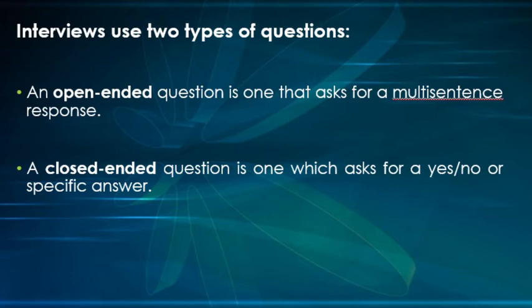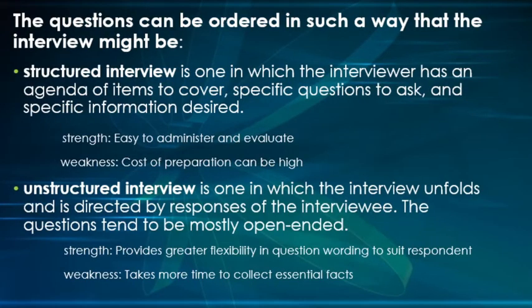Next one. The questions can be ordered in such a way that the interview might be. So there are two types of interview. First one is structured interview. It is one in which the interviewer has an agenda of items to cover, specific questions to ask, and specific information desired. So, ang structured interview makes use of a standardized sequence of questioning in order to gather relevant information about a research subject.